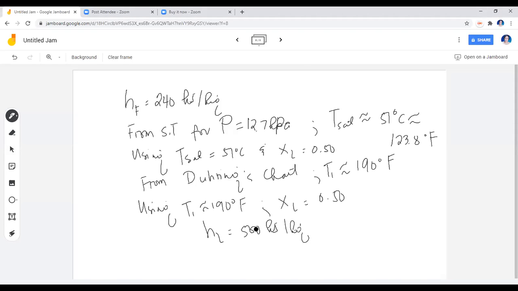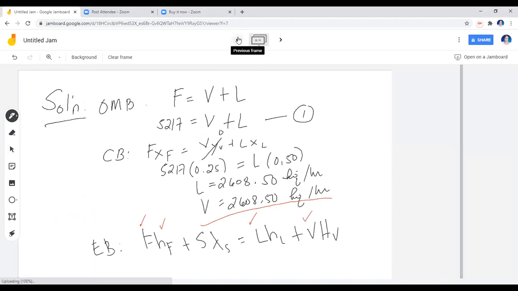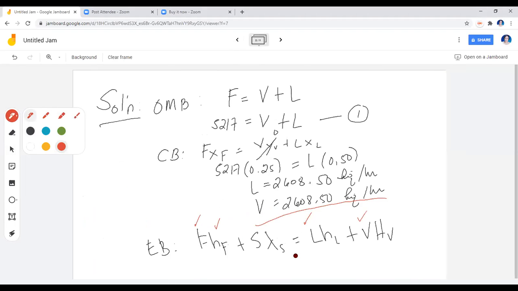Okay? Now I'll go to my other chart. Then I know already the HL. Okay? Next is the HV. The HV will now have the saturated vapor enthalpy plus the superheat. Okay, what does that superheat mean?